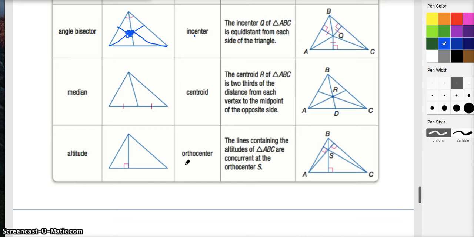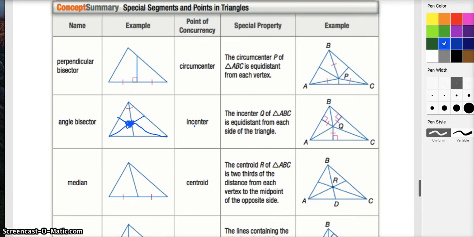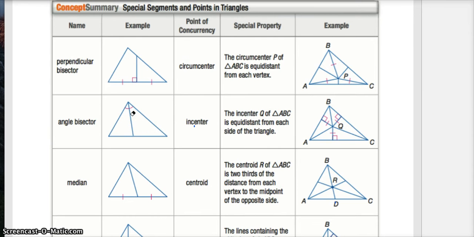The altitude, which we just talked about, gives us the orthocenter. The lines containing the altitudes are concurrent at an orthocenter S. They didn't give us a real property for this. I don't know that it's super special or what it does, but that's our lesson in a nutshell for the past 2 lessons. So I hope that this is clear.